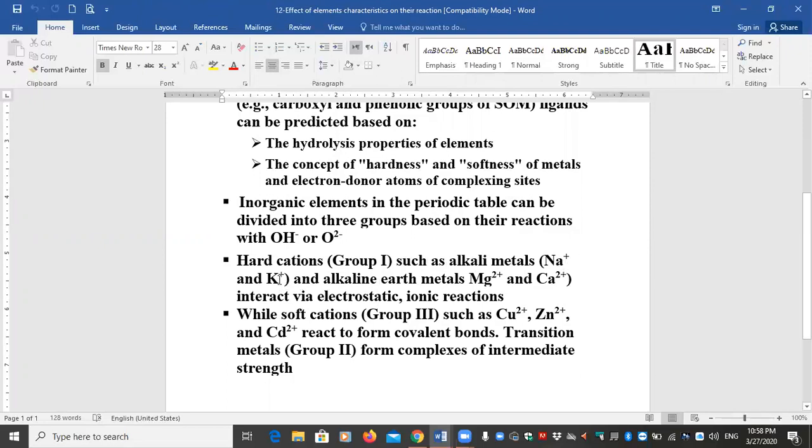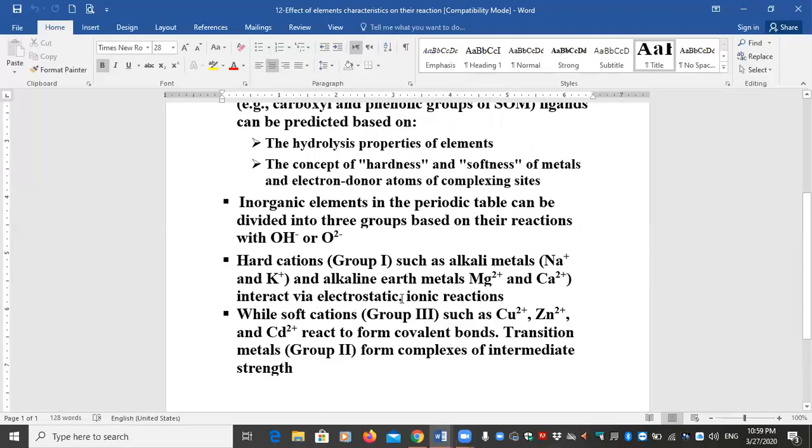They are the monovalent, sodium and potassium. But the ones we call alkaline earth metals, remember these are alkali metals, the alkaline earth metals, magnesium and calcium, they interact using, in Arabic, electrostatic ionic reactions.